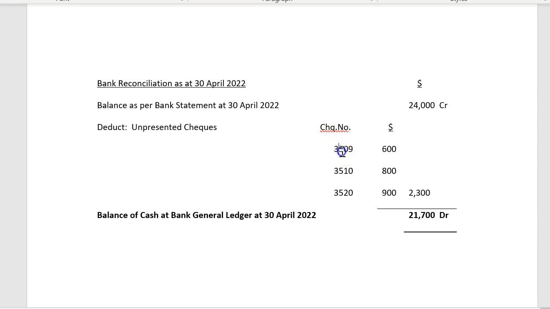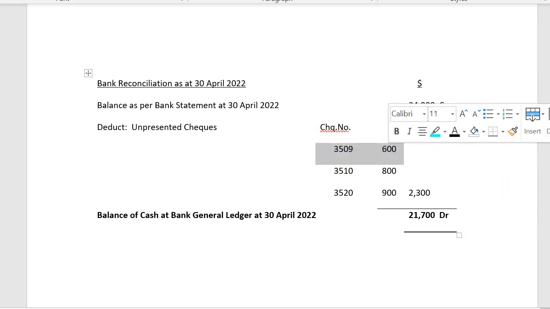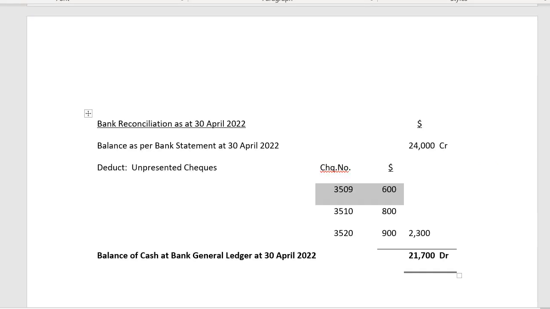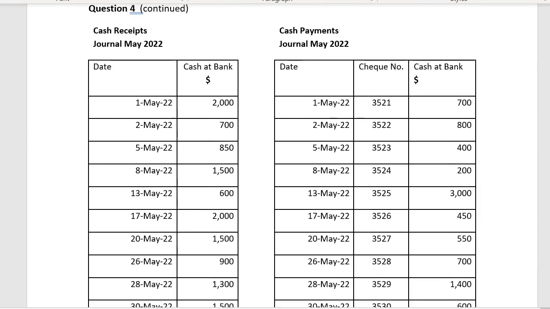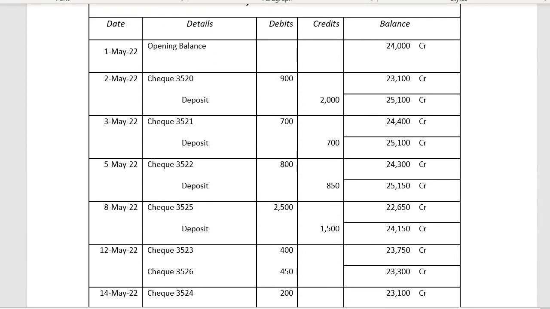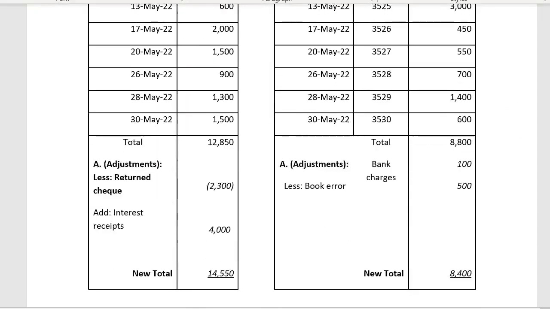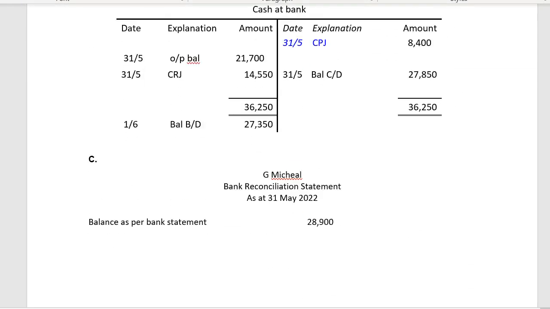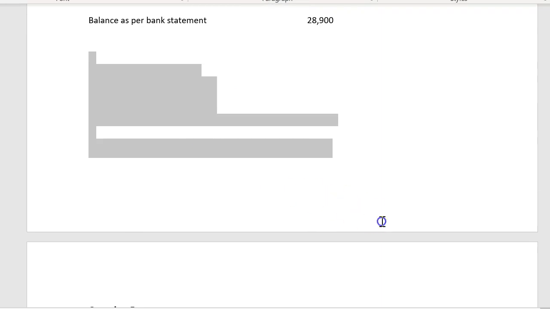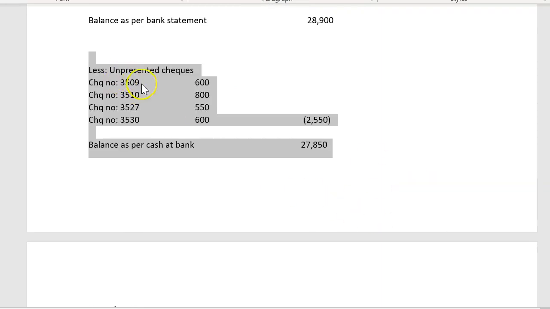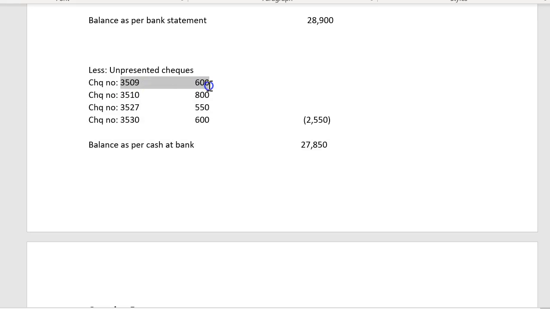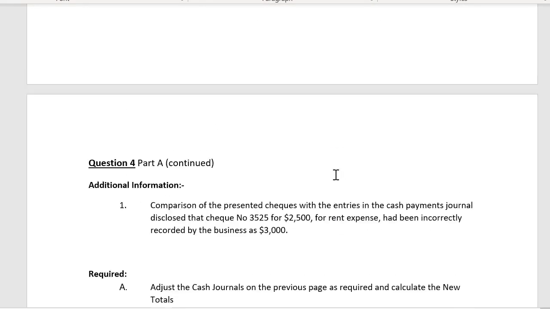Let's start with check number 3509 for $600. Is it recorded by the bank this month? Cash payments, 3509. As you can see, 3509 does not appear in the bank statement, so it's still unpresented, 600.